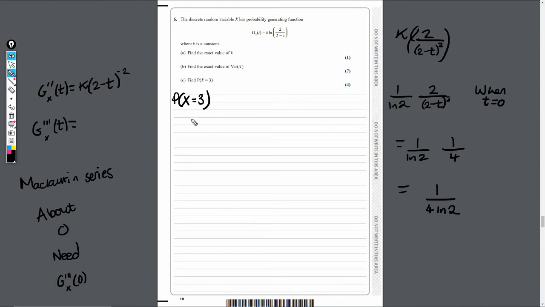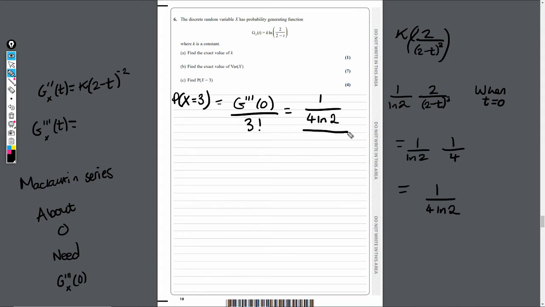So all I've got to do now is plug this in using the Maclaurin series. And remember, the coefficient of t cubed for this case would be the third derivative, so g prime prime prime at 0. The denominator here will be 3 factorial because it's the third term, okay? So 3 factorial, well what's this going to be? Well we know this already, that's 1 over 4 ln 2.